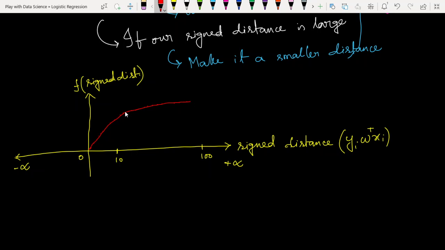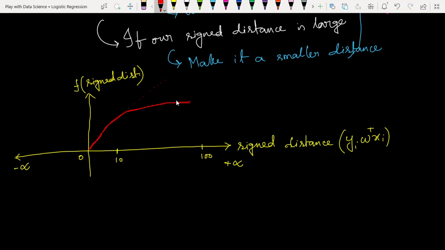It is not linear throughout. For smaller values it will linearly increase. For small increases we have taken it linearly, but after that we have tapered off this function.